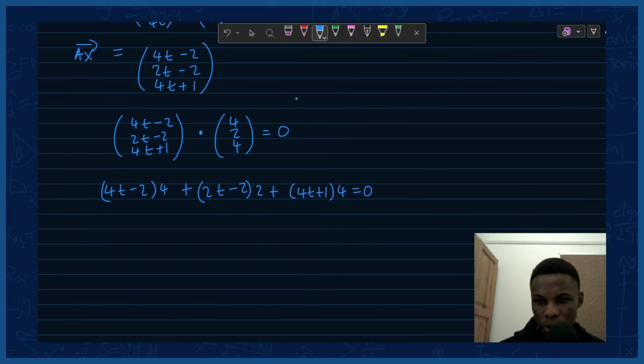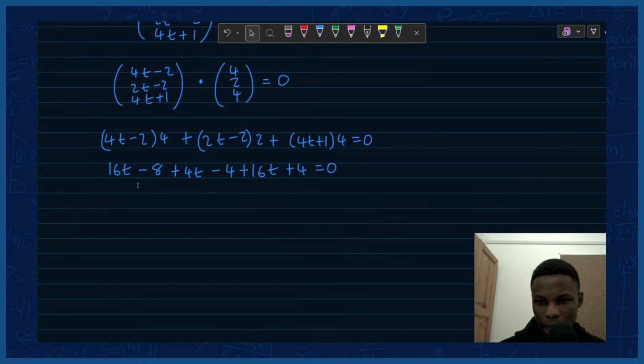Let's expand. 4 times 4t, 16t, minus 2 times 4, minus 8. 2 times 2t, that's 4t, minus 2 times 2, that's minus 4. Then 4 times 4t, that's 16t. 4 times 1, that's 4, and this is equal to 0. Simplify like terms. 16 plus 4, that's 20, plus 16, that's 36t.